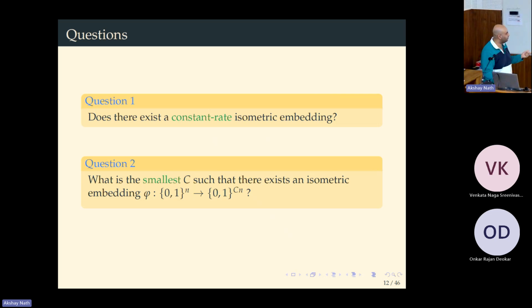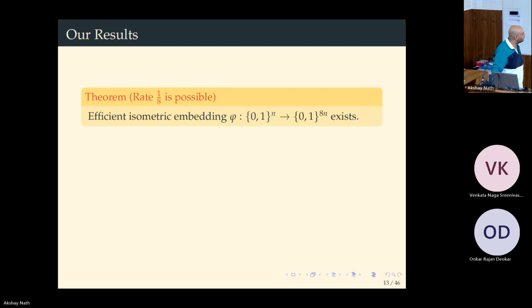This is of interest, even just combinatorially speaking. You have the distance matrix coming from the Hamming space. What is the smallest edit space where I can isometrically embed it as a subgraph? Okay, so our first main result is that rate 1/8 is possible. So not only is it a constant, you take n bits and replace it with 8n bits, and this gives you an isometric embedding.